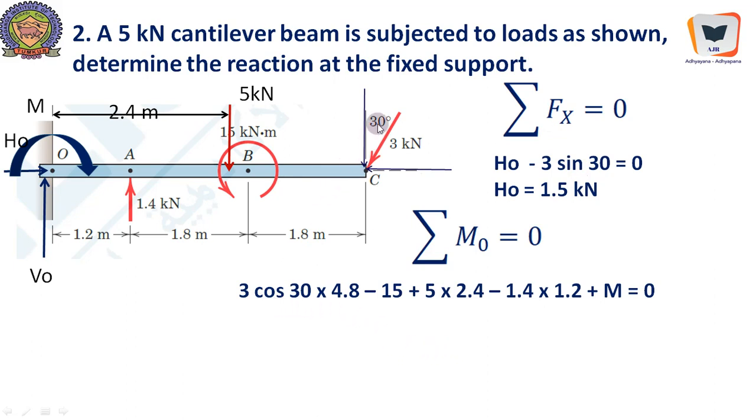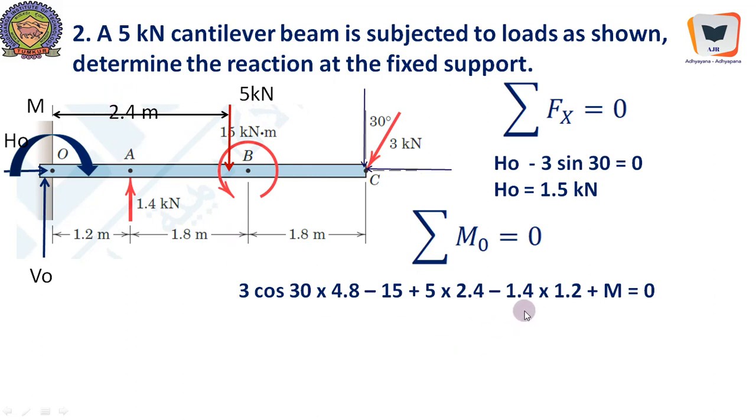So it is 3 cos 30, the vertical component, into the entire length of the beam, 1.8, 1.8, 3.6 plus 1.2, that is 4.8. It is clockwise. Minus 15, it's a readily available concentrated moment which is already given to be anti-clockwise, therefore it is minus 15. Plus 5, the weight of the beam acting exactly at the center, 5 into 2.4, that is also a clockwise moment.